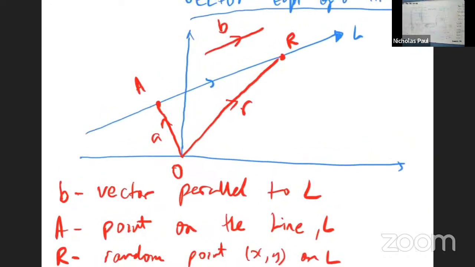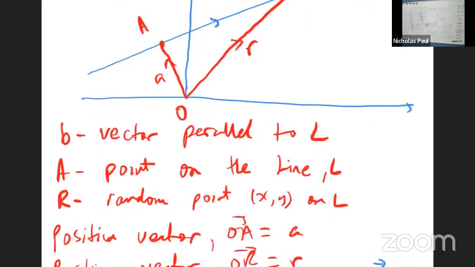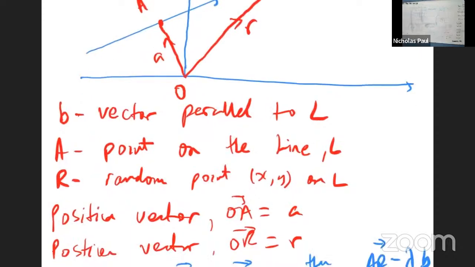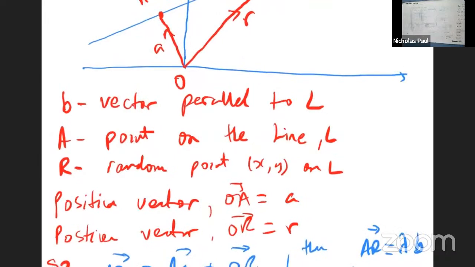There's a vector parallel to it called P, the vector parallel to the line L. There's a point on the line called A. R is any random point XY. The position vector OA is small a. The position vector of OR is small r. And then we're going to build everything up from right there.